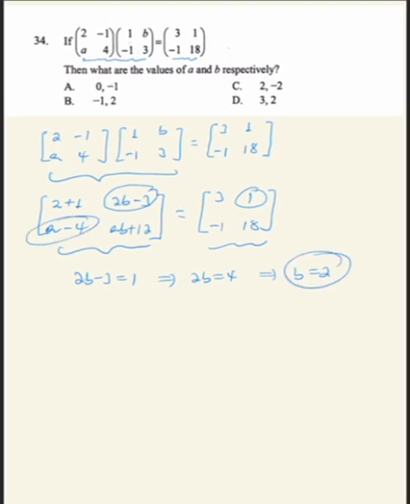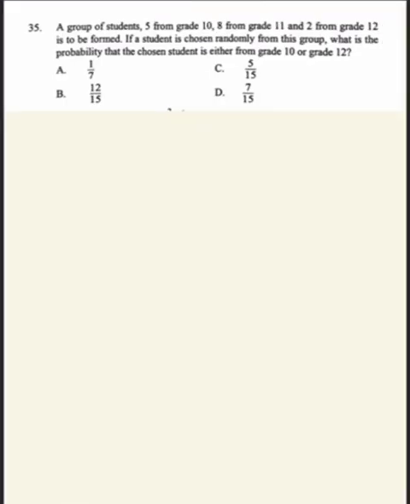By comparing a minus 4 with minus 1, a minus 4 is the same as minus 1, so a is equal to minus 1 plus 4, the result is a is equal to 3. So a and b respectively: a is 3, b is 2. So our answer is D. That is question 34.